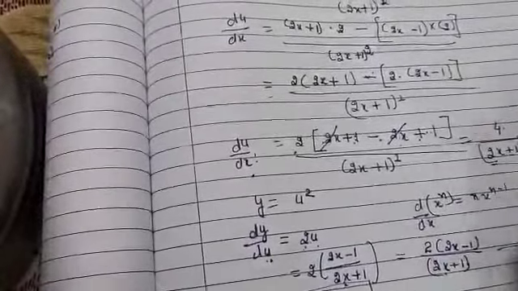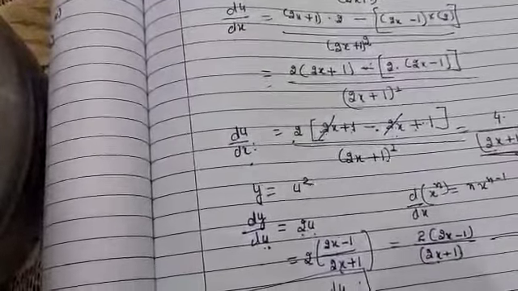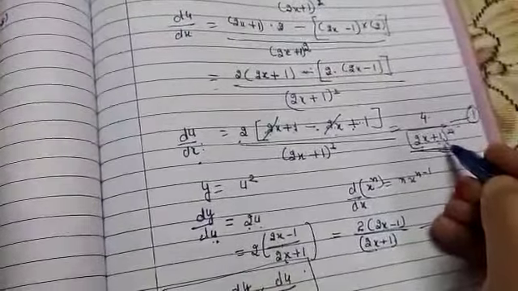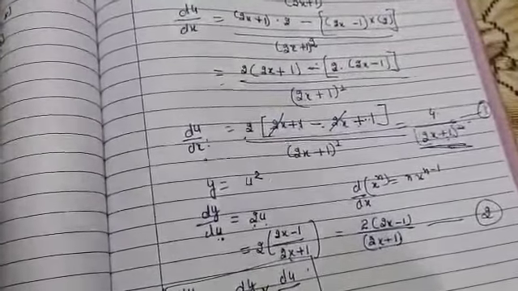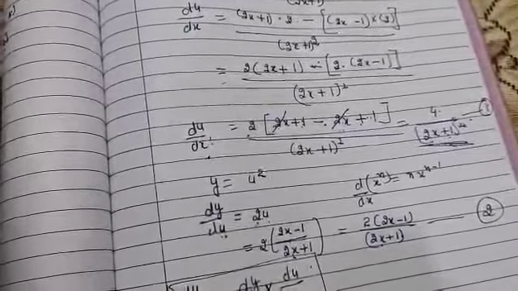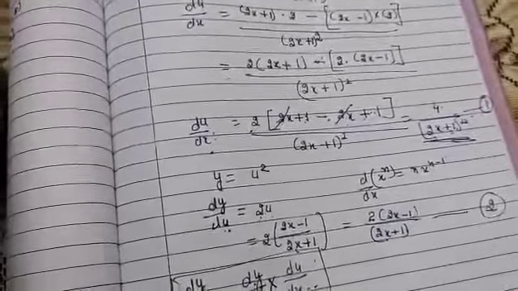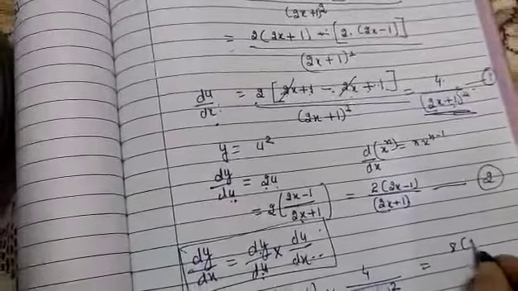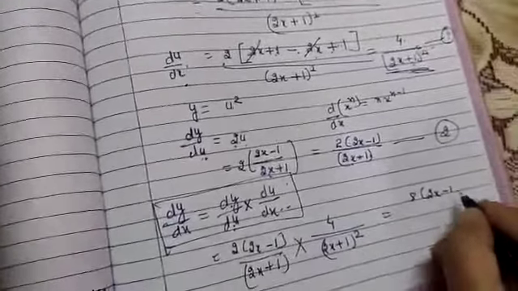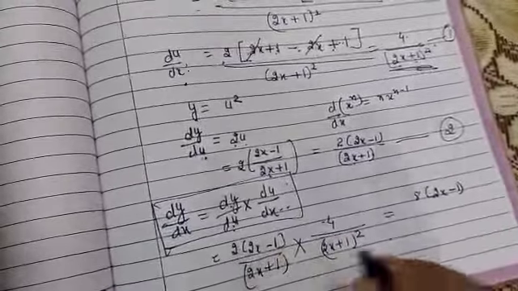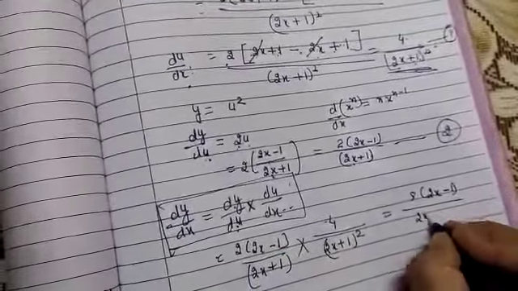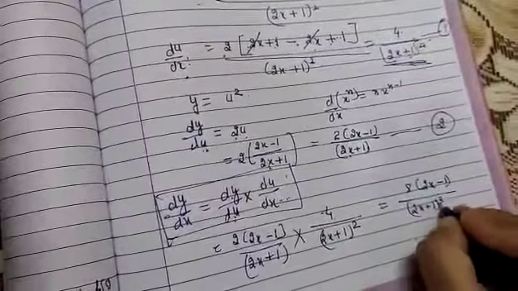Now you can write this value from equation number 1, with 2x plus 1 whole square there. When you multiply, 2 fours are 8, and 2x plus 1 whole cube.